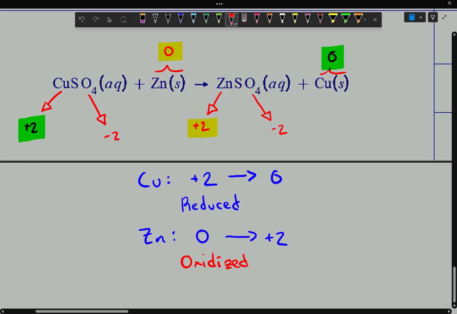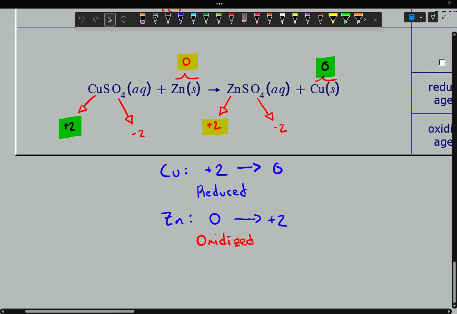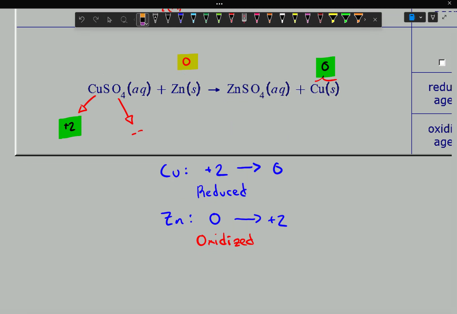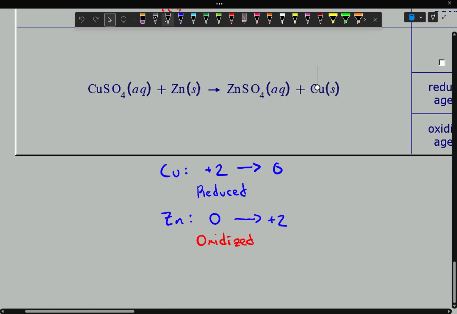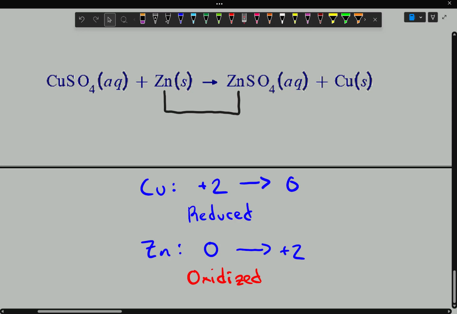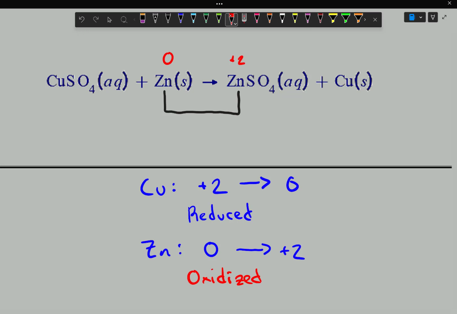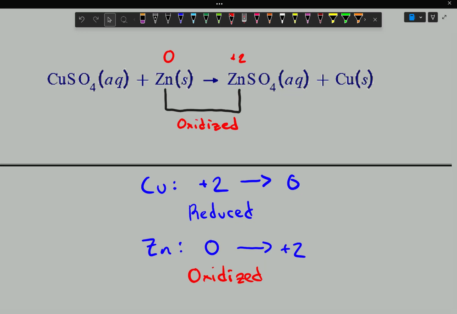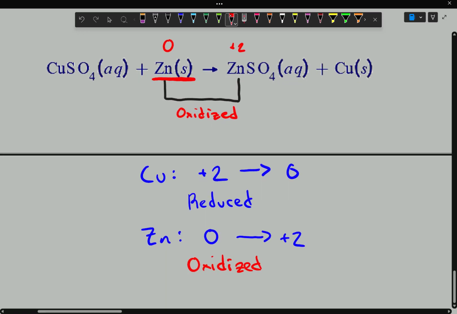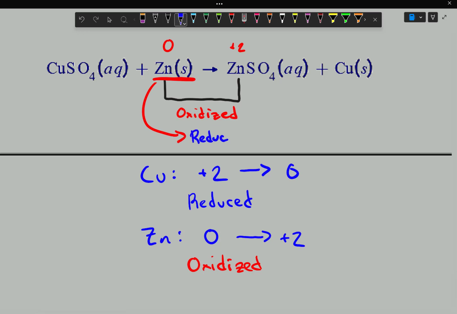So, if we look here, let's get rid of all of this. So right here, we have zinc going from 0 to +2. This is oxidized. And because it's oxidized, that means that zinc is our reducing agent.